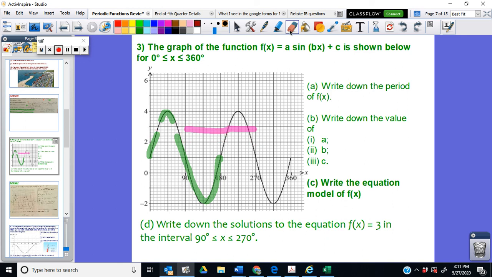And so that means I'm only going to be concerned with these particular intersections. So right here and right here, because that's the only place on this curve that it intersects between 90 degrees and 270. Let's take a look.